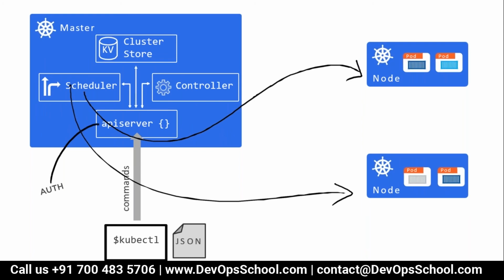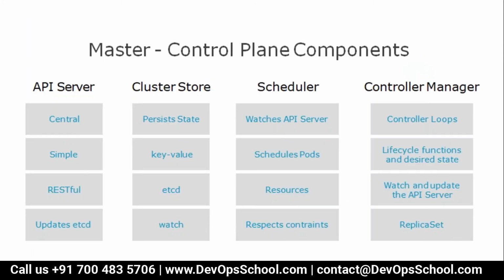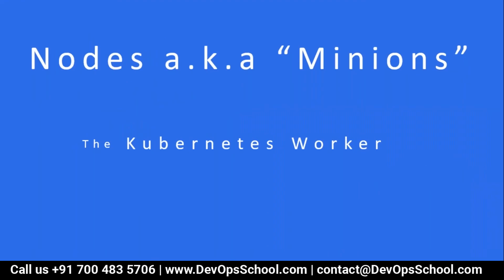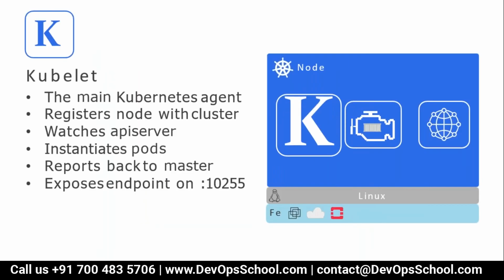In your workstation you have kubectl, but in the worker node you have Kubelet. Mind it. So now the question is, what is the Kubelet? Kubelet is one of the tools you can find in each worker, each node.